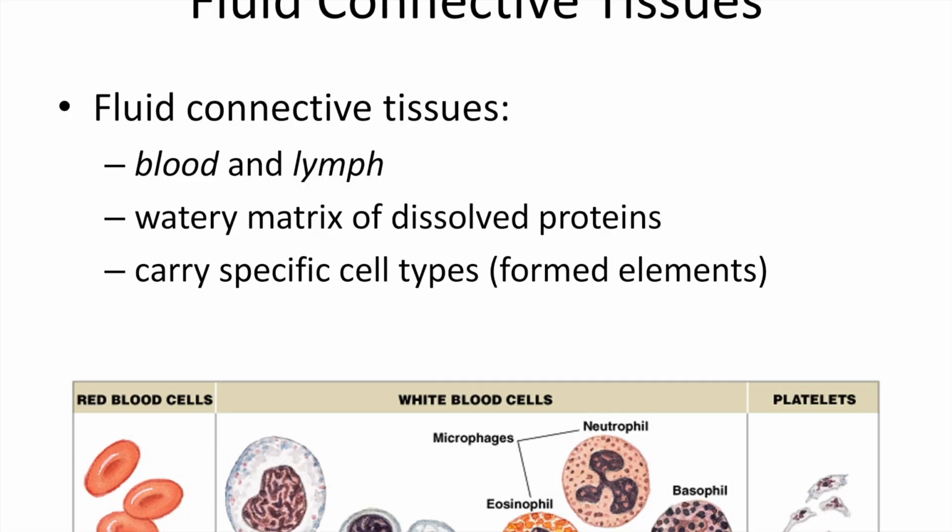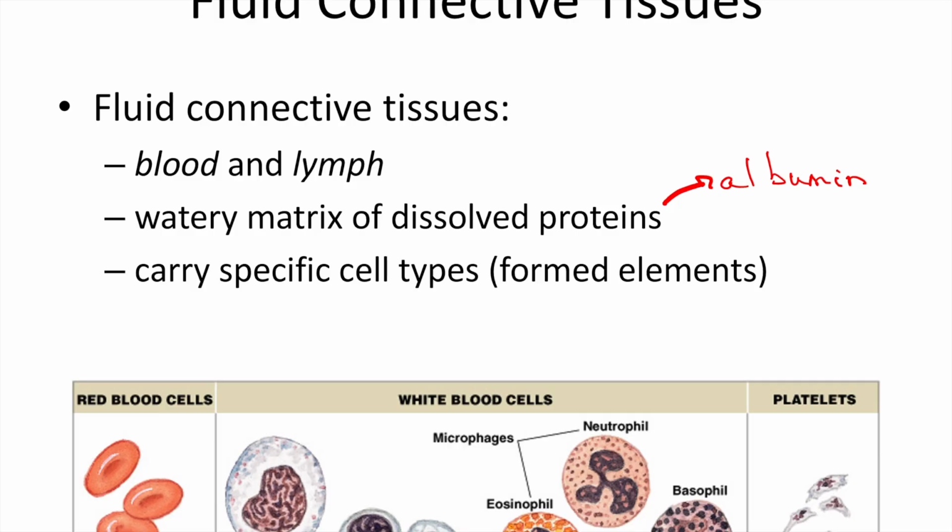Our fluid forms of connective tissue include blood and lymph. We're really only going to talk about blood. Our fluid connective tissues are a watery matrix of dissolved proteins, things like albumin, and our formed elements. And in blood, our formed elements are composed of three different types of things.